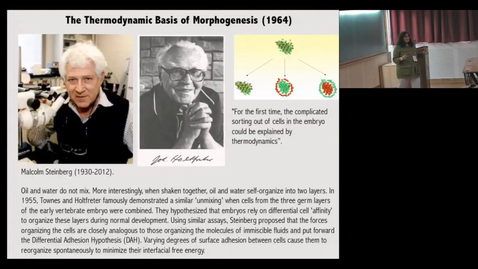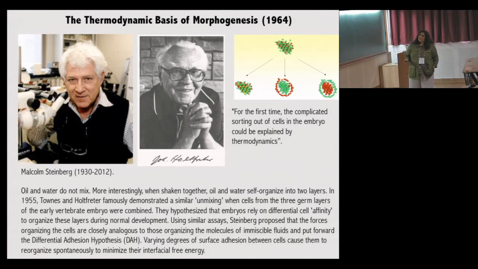In between, as people began to understand how cells go about creating form, there was also a thermodynamic basis that was suggested to explain how the yellow cells and the red cells became different or sorted themselves out to distinct locations. And this is something I will come back to later on.